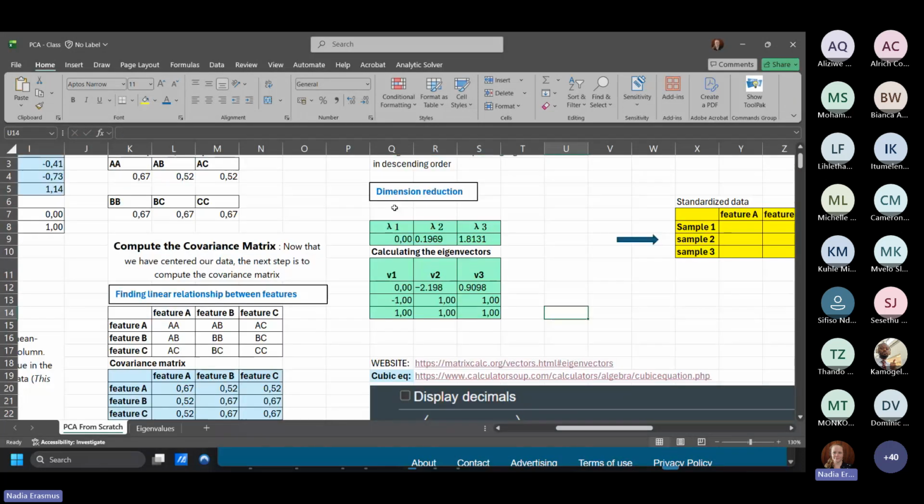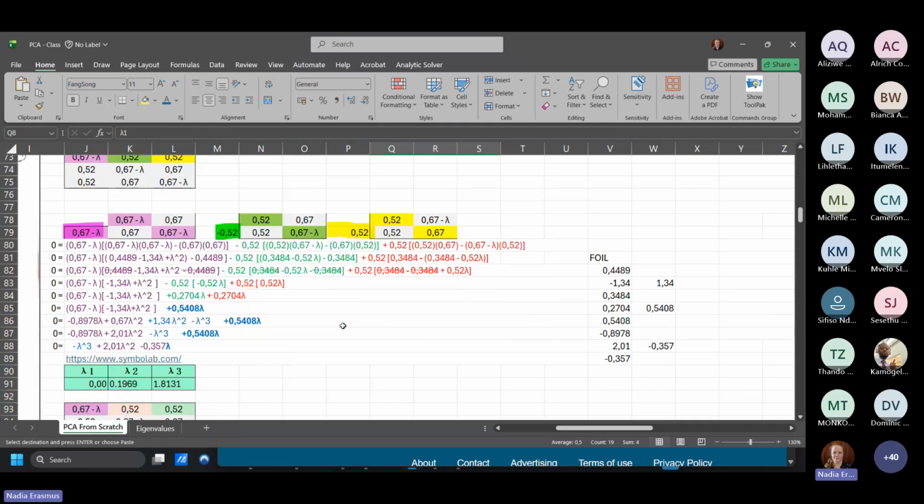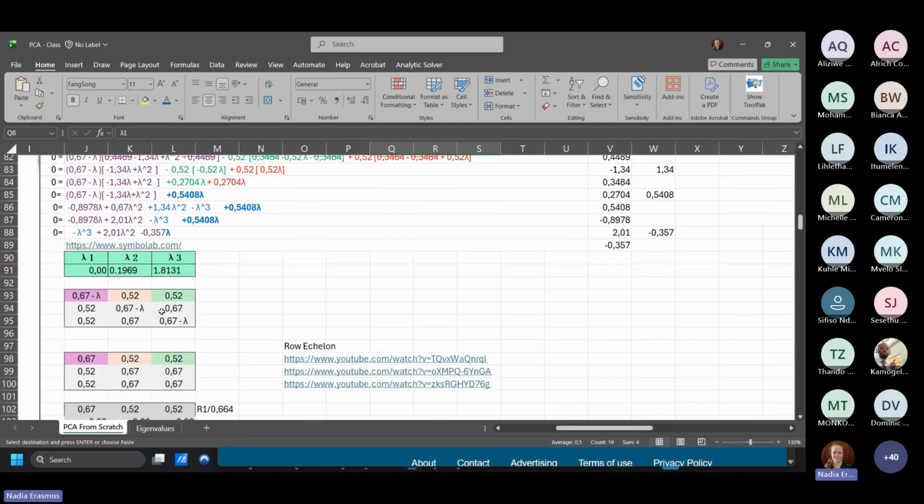Okay, so these are the vectors and eigenvalues that you calculated.